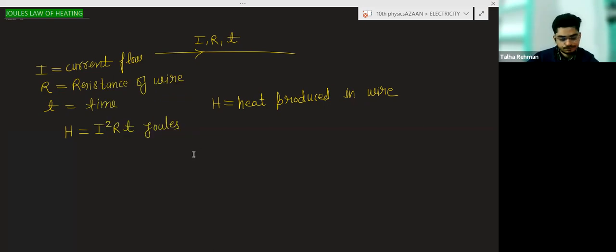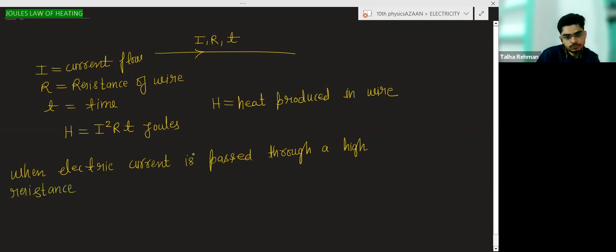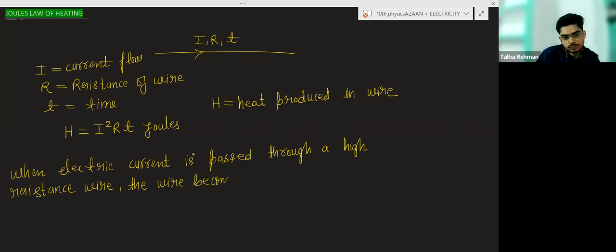So you can write one statement also. When electric current is passed through a high resistance wire, the wire becomes very hot and produces heat.